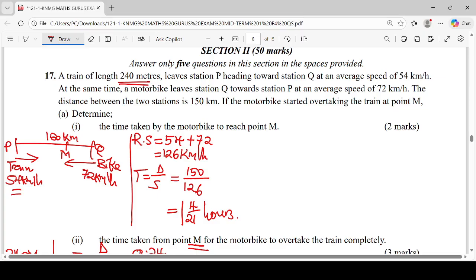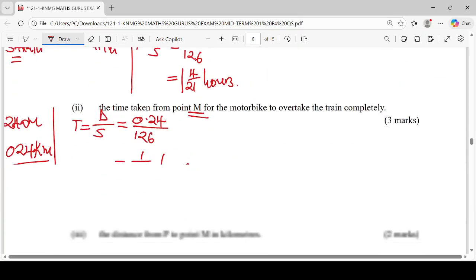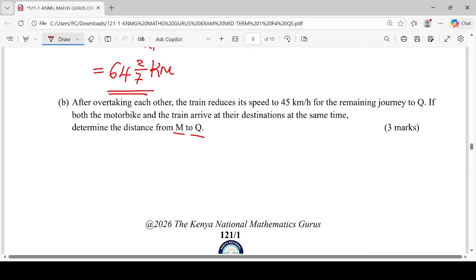So the distance will be the speed, which is 72 kilometers per hour, times the time taken to overtake, which is one whole number 4/21, which is just like saying 25/21.